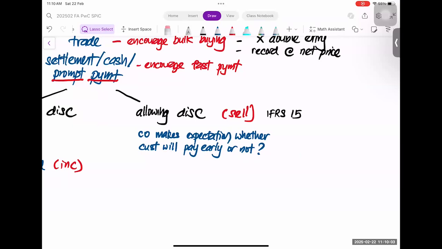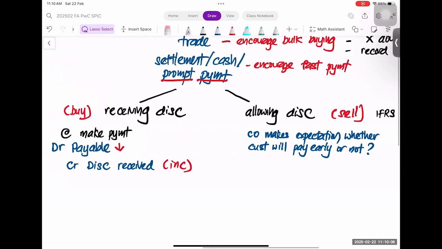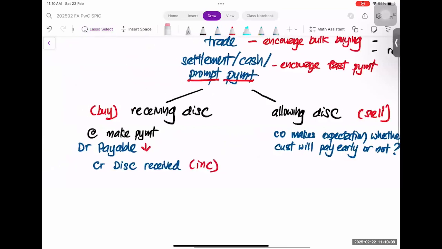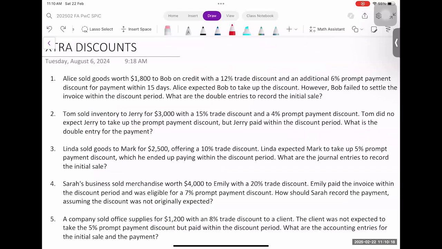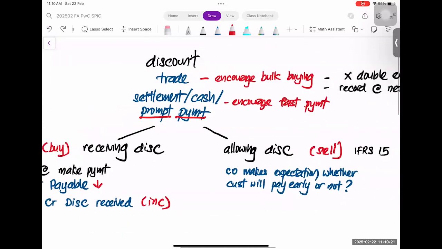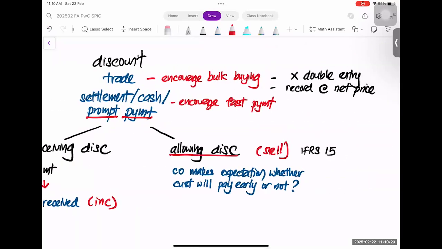So I hope you guys realize that when you're receiving the discount, you are the one who makes the payment, so you are the one who controls when you pay. But when you are the seller, can you actually control when the customer makes the payment? You can't.